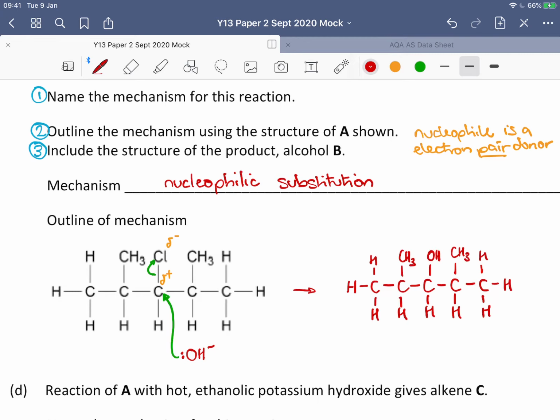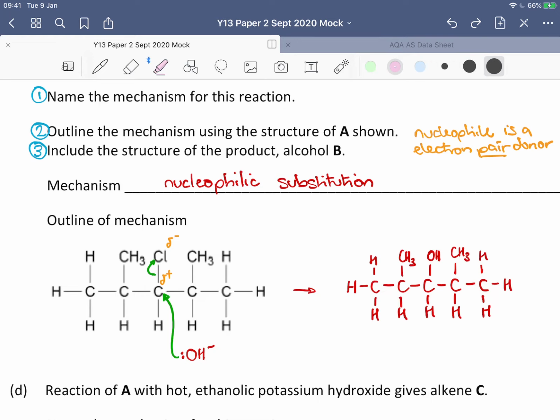And please, please, please take care when you're drawing bonds and make it clear which atom the bond is to. So many times I see the line in between two atoms. This bond here has to be to the oxygen. All right, it has to be to the oxygen.